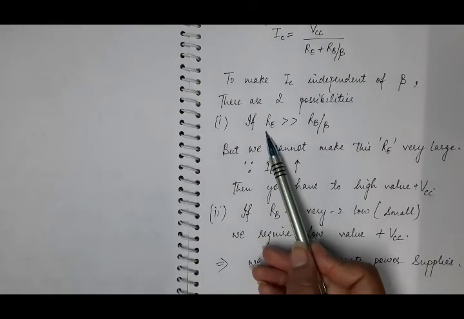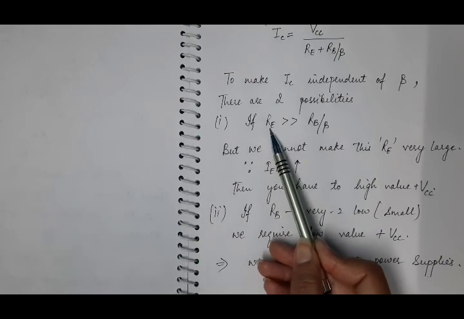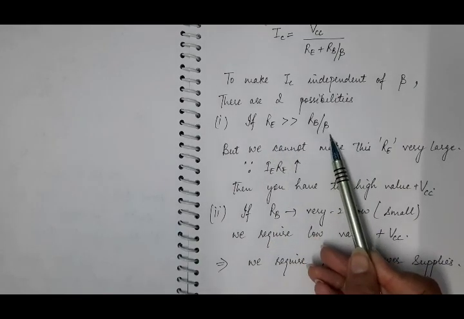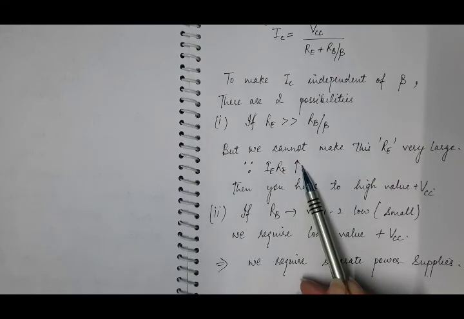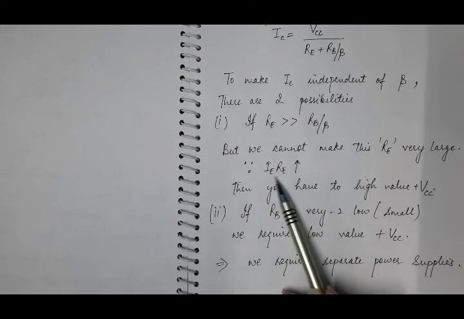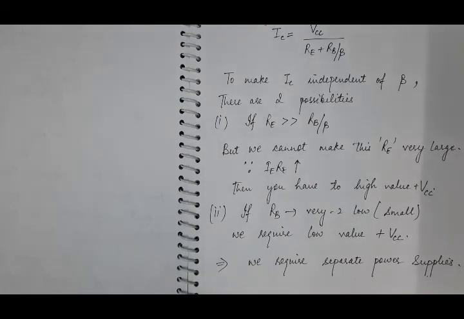Because in this case, when we have made this RE very much greater than RB by beta, then this IE-RE factor increases, and when you apply Kirchhoff voltage law to the output circuit, the power supply VCC is reverse biasing the output circuit.